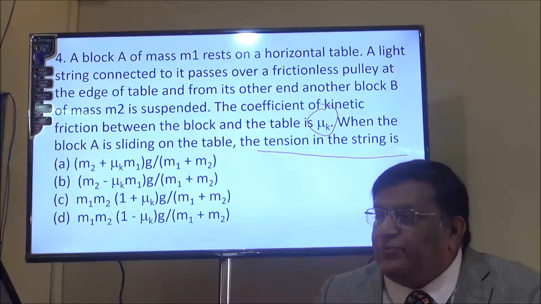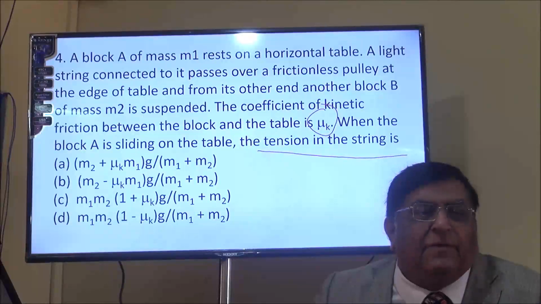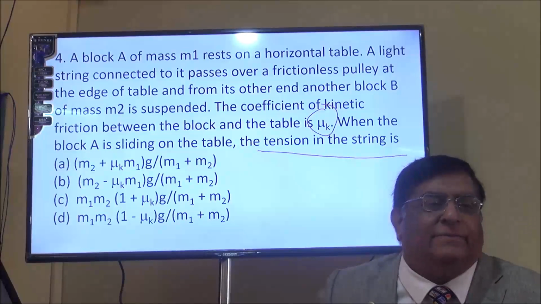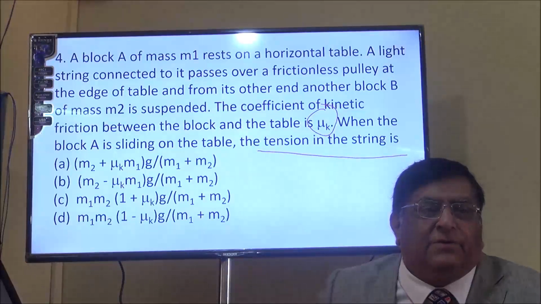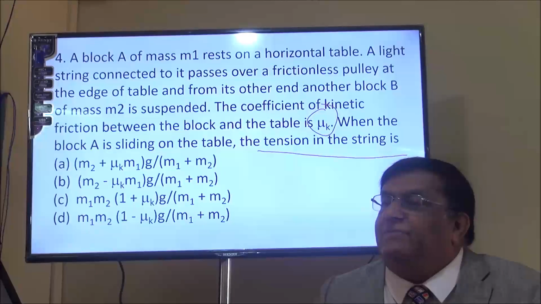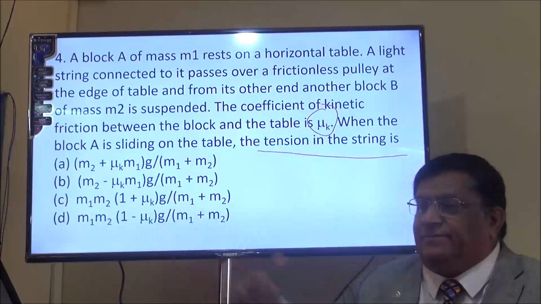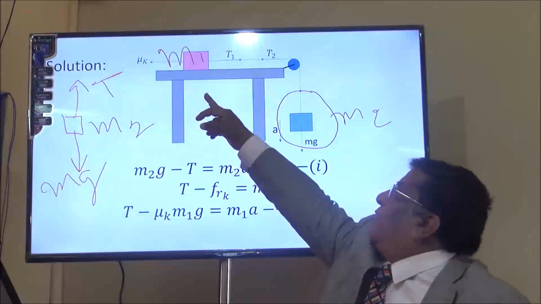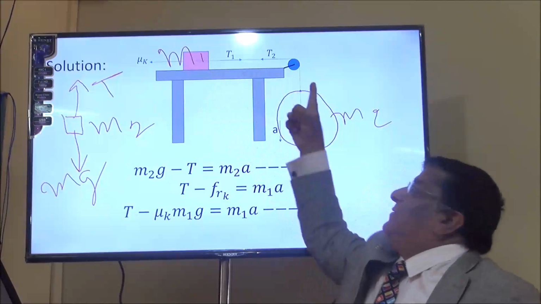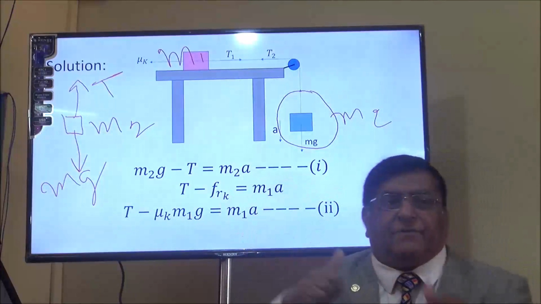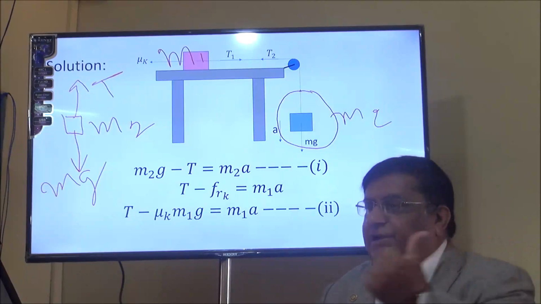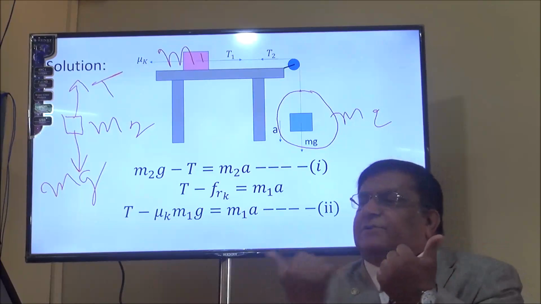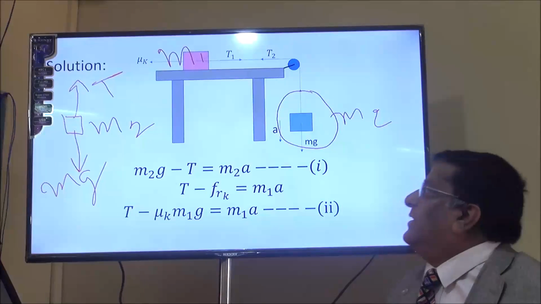That is mass, so the force is mu into M1, or M1g. And in which direction will it work? Backward, because the intention of motion is forward. If it is moving in the forward direction, the friction will act in the backward direction.